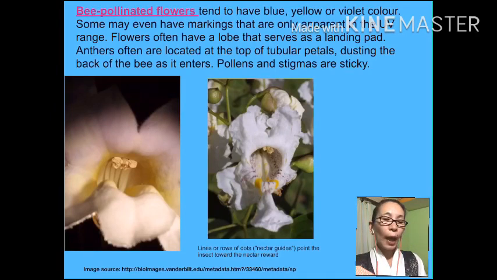And the positions of the anthers are such that they ensure easy dusting of the sticky pollens at the back of the bees. The flowers have prominent landing platforms, as well as lines on the petals which serve as nectar guides to the insects.